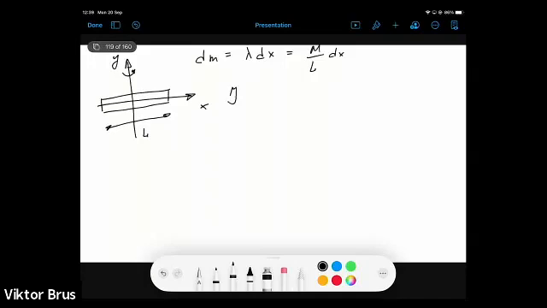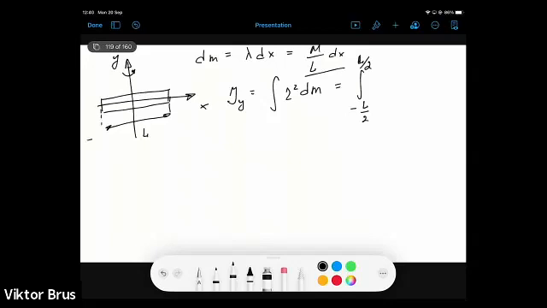So moment of inertia Iy will be equal to the integral of r squared dm, as we defined earlier. And now if we go from dm to this expression, it can be written already in the following form: minus L over 2 to plus L over 2. So these are the ranges of our integration.